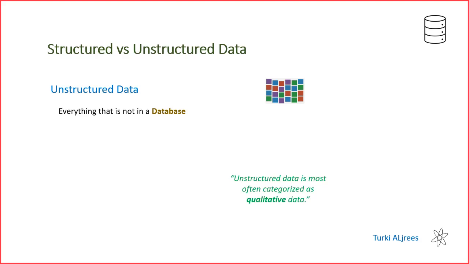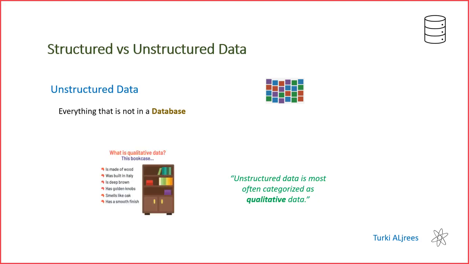Now, if we think about the methods available to analyze this data, unstructured data is most often categorized as a qualitative data type. What that really means is that this data can only be analyzed with qualitative data methods.